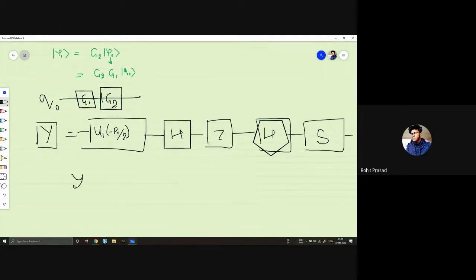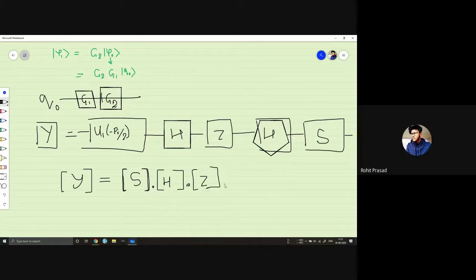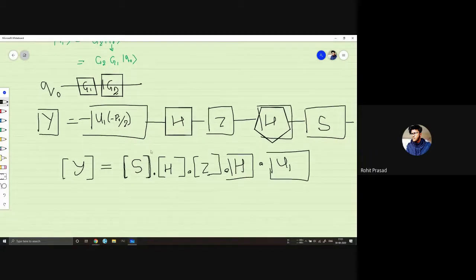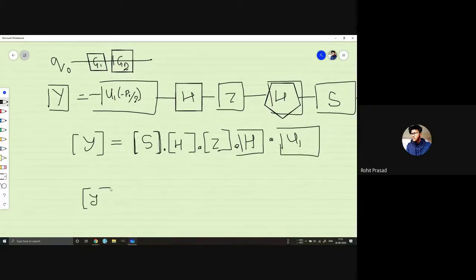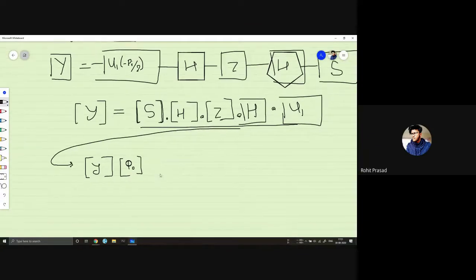But if we write it as a matrix, operator and state, the matrix of S will come first, in reverse, multiplied with H, then Z, then H, and then U1. So in gates we write in one order, but in matrix form it is reversed. For Y on a state psi naught, these act first: S H Z H U1, and then the state.